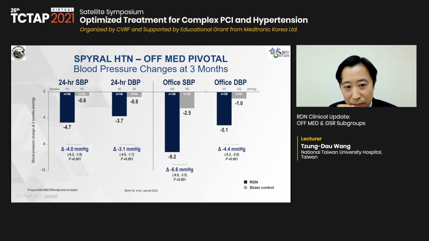So the magnitude of the blood pressure reduction, office versus 24-hour ambulatory, is very reasonable. It is about 50% or 60% of the blood pressure reduction, office versus ambulatory.